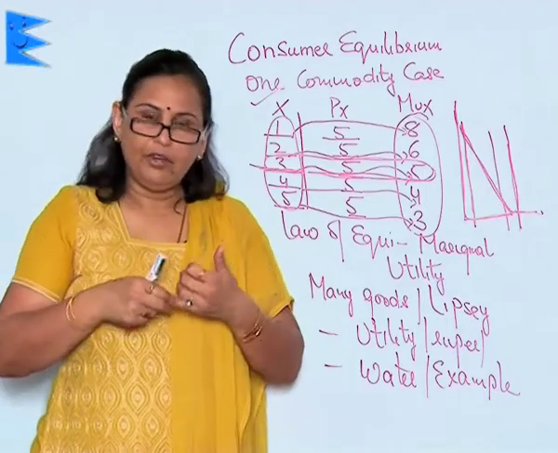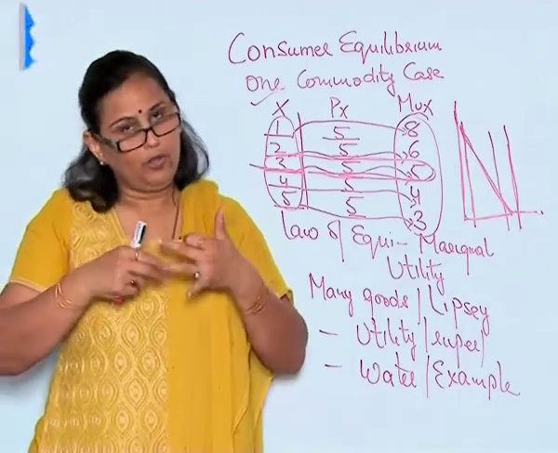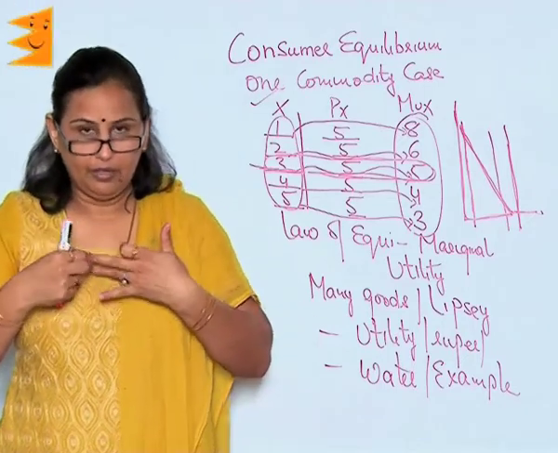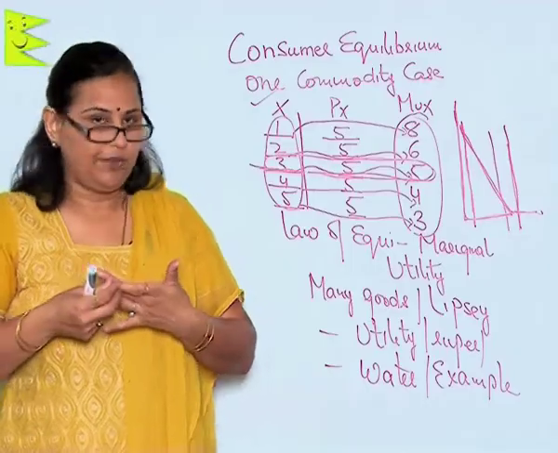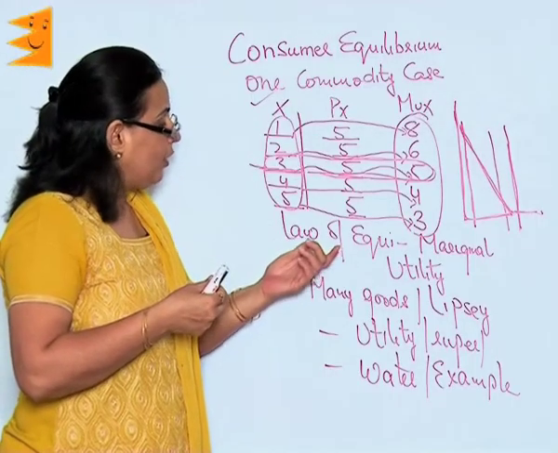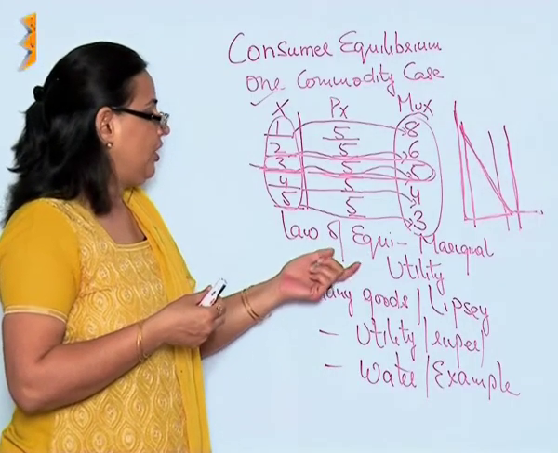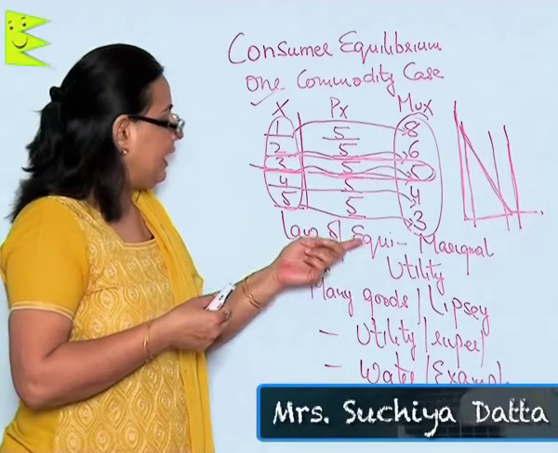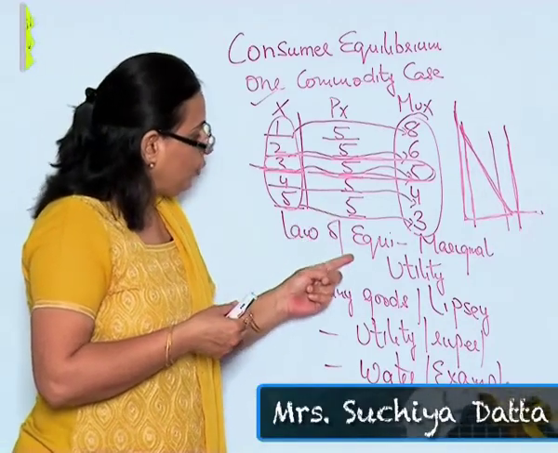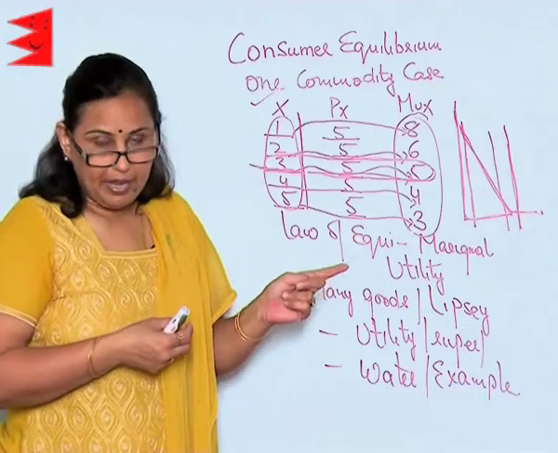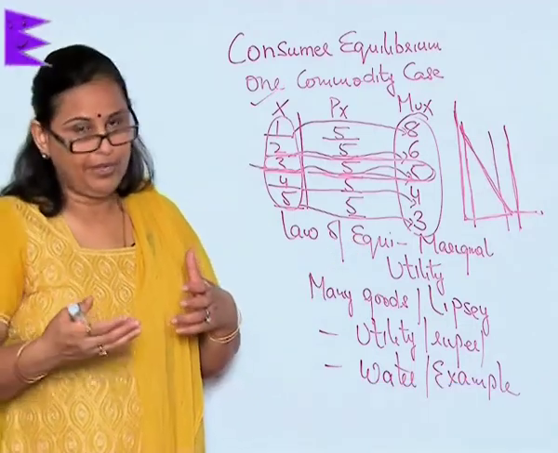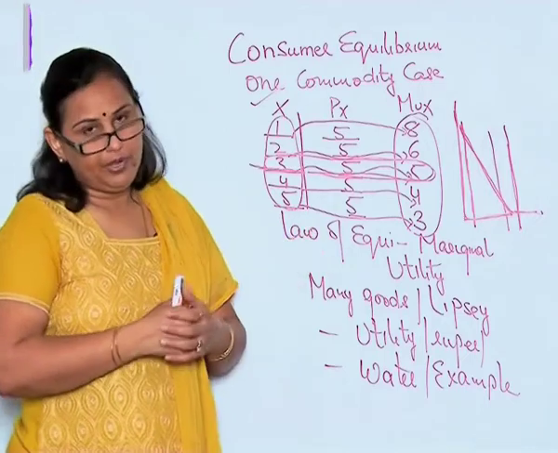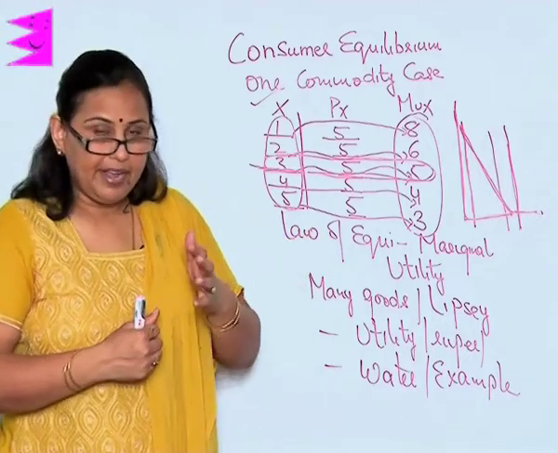I am going to use it on food, on clothes, on the fees of the children, on maybe the house rent and so on. So, the law of equi-marginal utility explains that I am going to buy more than one commodity. It is never one commodity that I buy, except in a rare case.